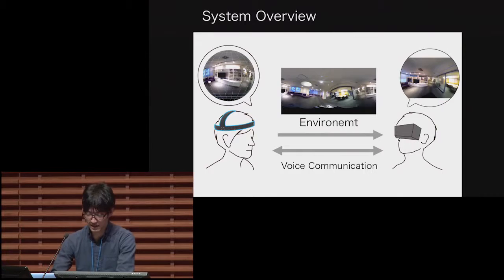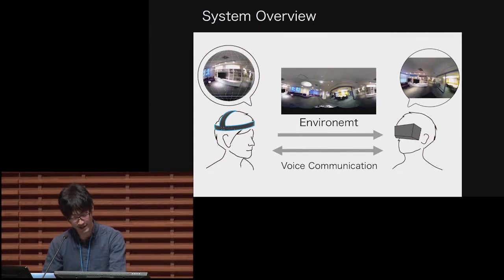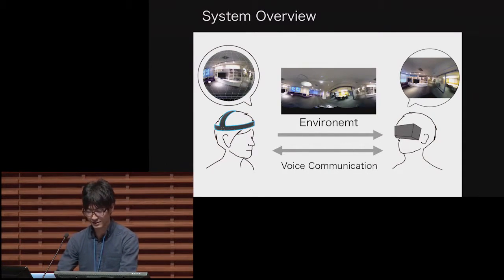So this is the system overview of LiveSphere. A person in an actual workspace wears a head-mounted display and a device to capture the surrounding environment and shares it with a remote person. The remote person observes the shared environment using a head-mounted display.